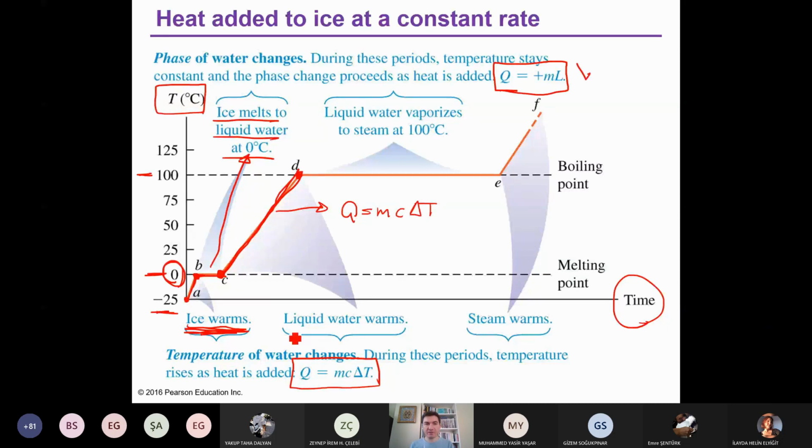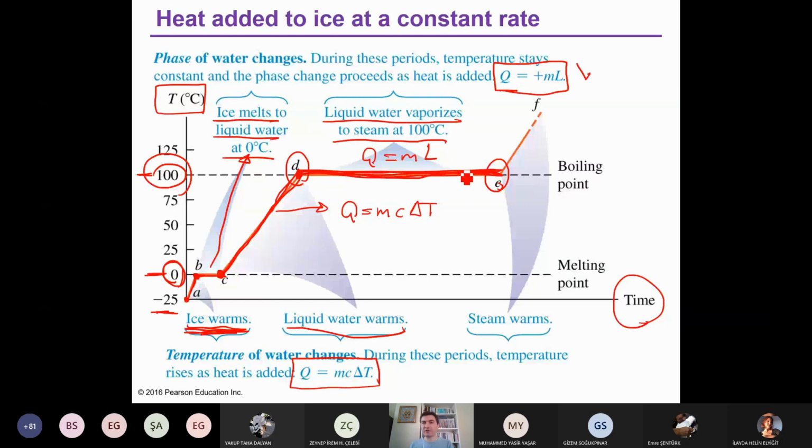And here between D and E, the temperature is constant, 100 degrees Celsius, and we add heat to the system, which is given with M times L, and between D and E, liquid water vaporizes to steam at 100 degrees Celsius. So here between D and E, we have a phase change, okay? Temperature does not change here, but the phase changes.